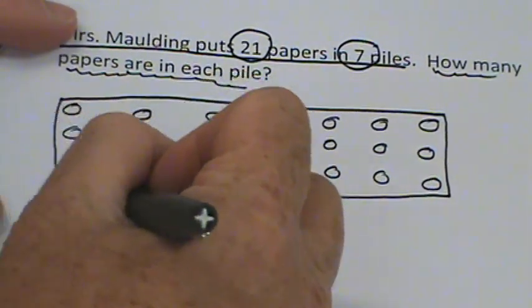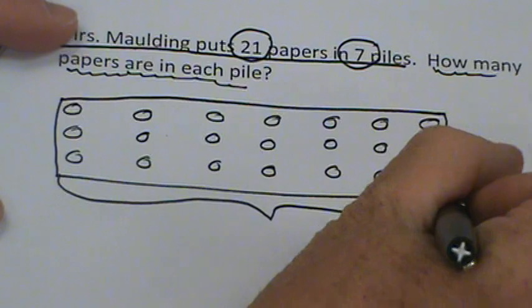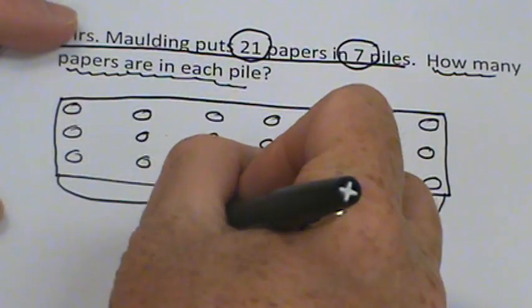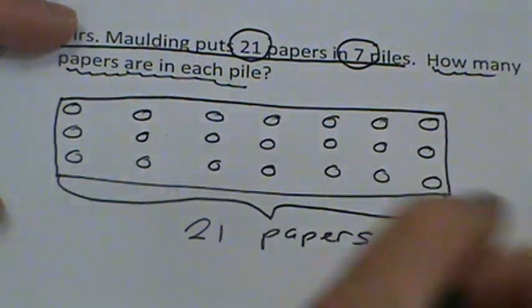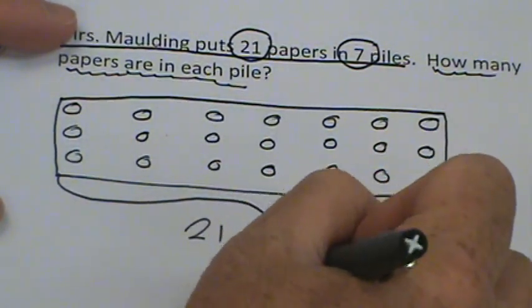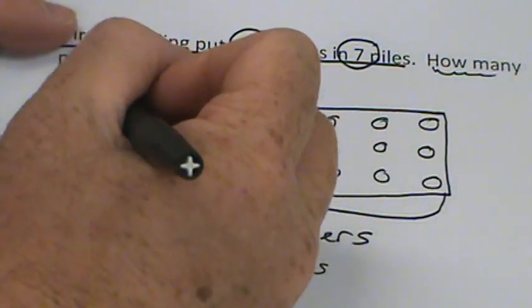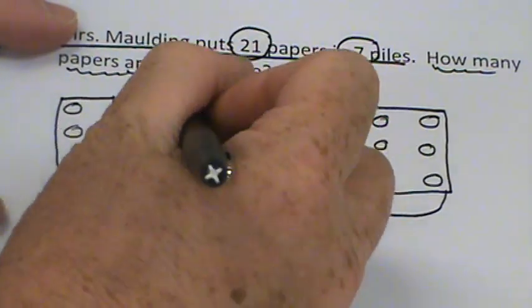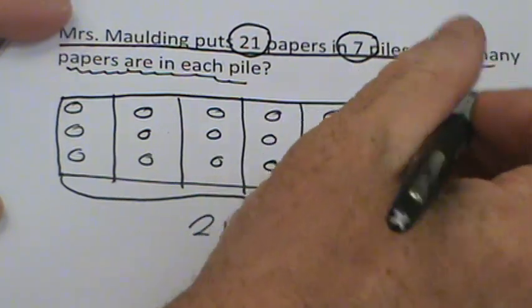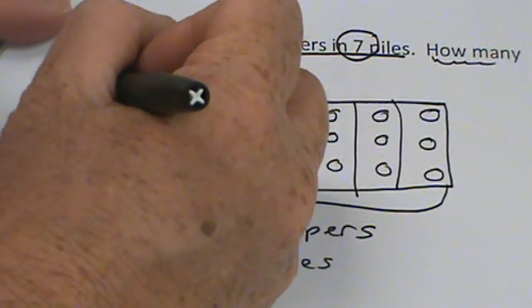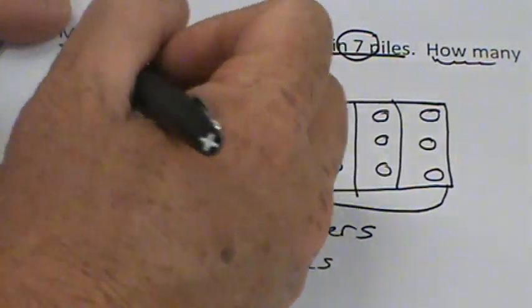So what we do know is there are 21 papers, and there's 7 piles. What we don't know, I'm going to go ahead and divide these now. What the question is asking is how many papers are in each pile. So that's our question mark.